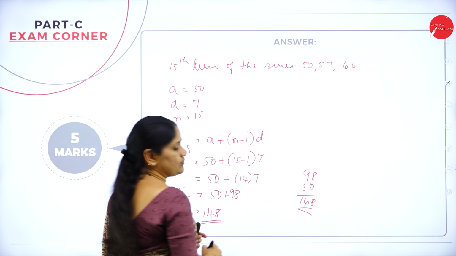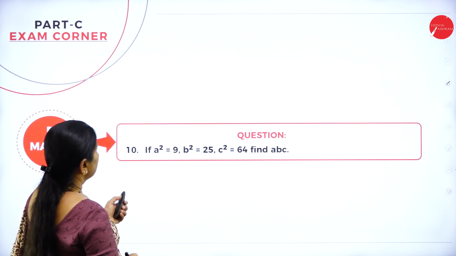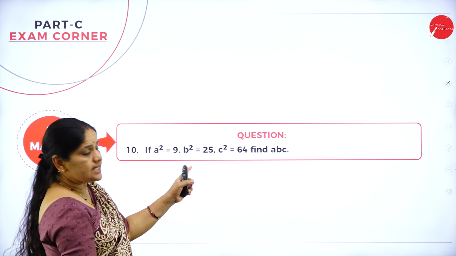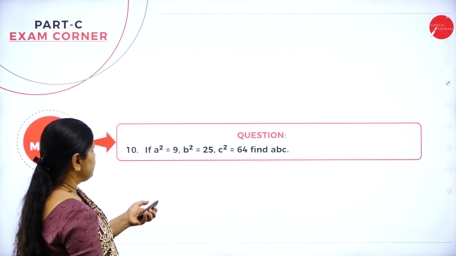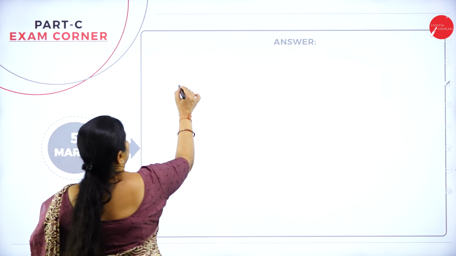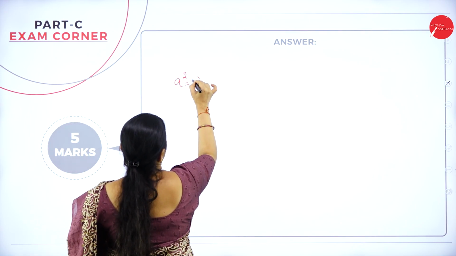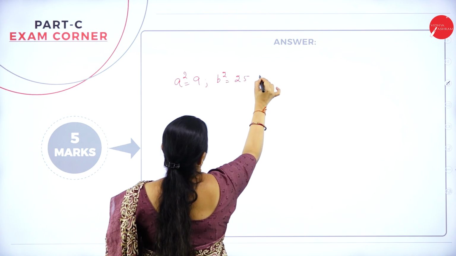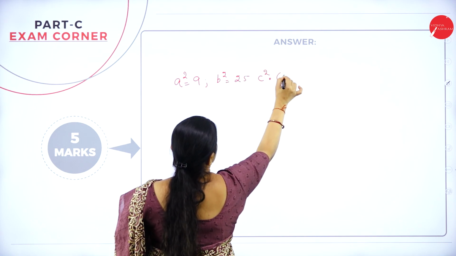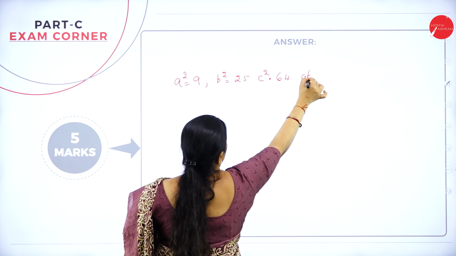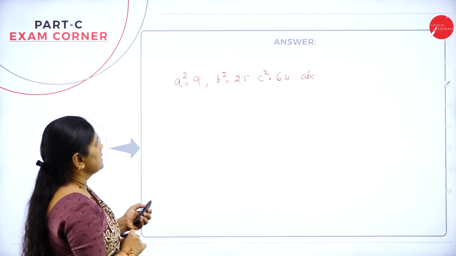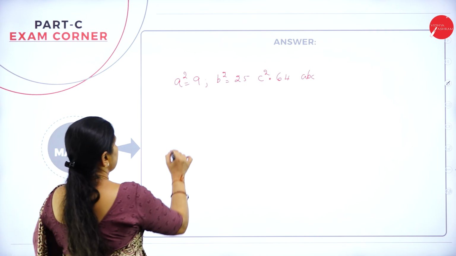So that is 148. Now if a square equals 9, b square equals 25, c square equals 64, find a, b, c. So we know a square equals 9.